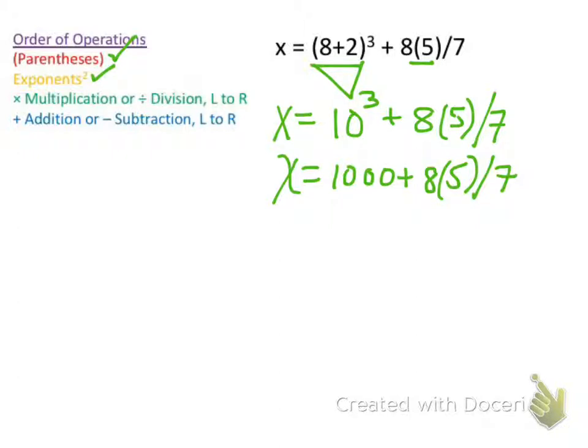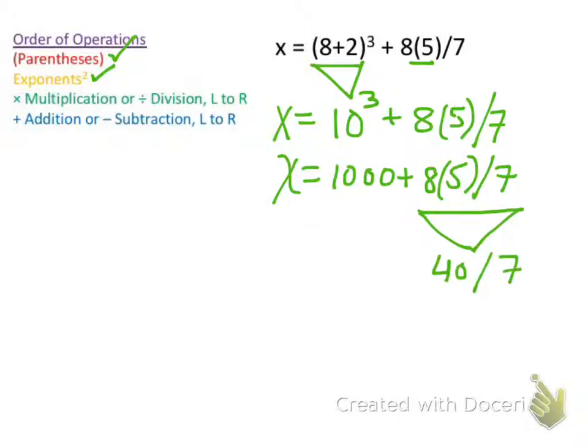We're ready to move on to multiplication or division, and we need to do this left to right. Looking at the left of the calculation, the first thing we come across is 1,000 plus. We don't need to do anything, that's the last step. Then we get to both multiplication and division in this part of the calculation. So let's address this. 8 times 5 is 40.